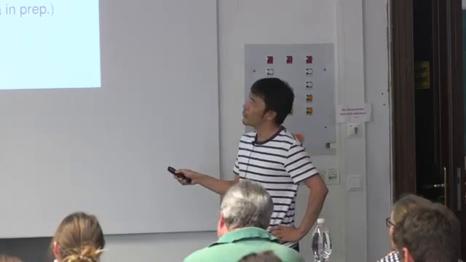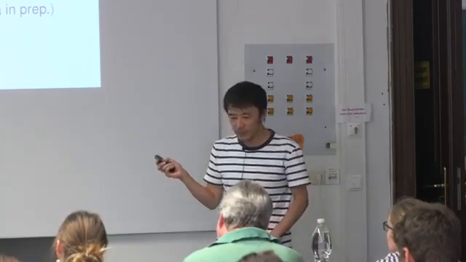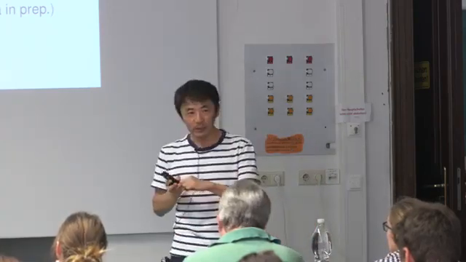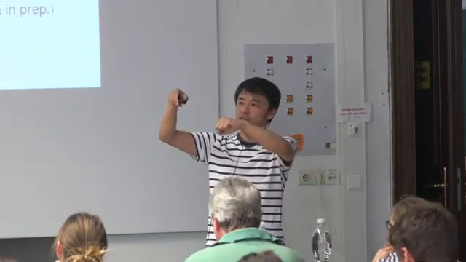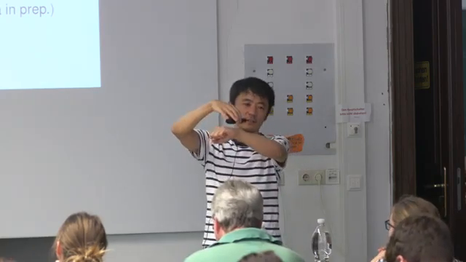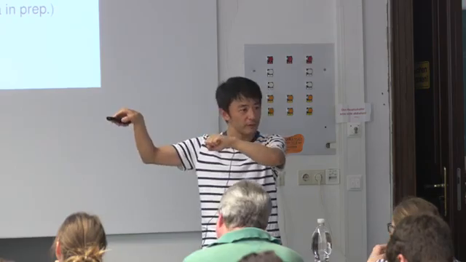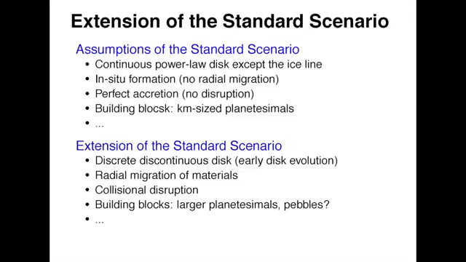And the obliquity distribution is isotropic, which means the typical spin axis is about 90 degrees, like Uranus in the solar system. Let me briefly comment on the extension of the standard scenario. So far, we talked about the standard scenario, maybe already a bit modified or extended, but this extension is going on in many ways now.